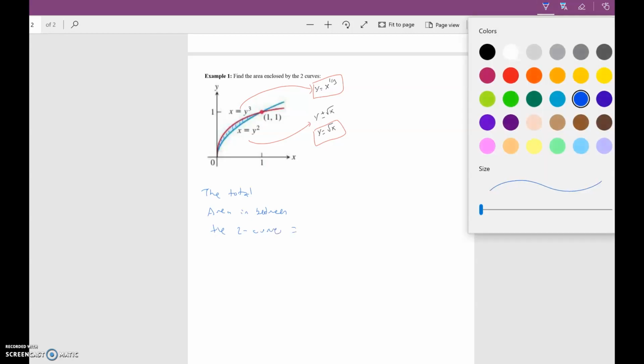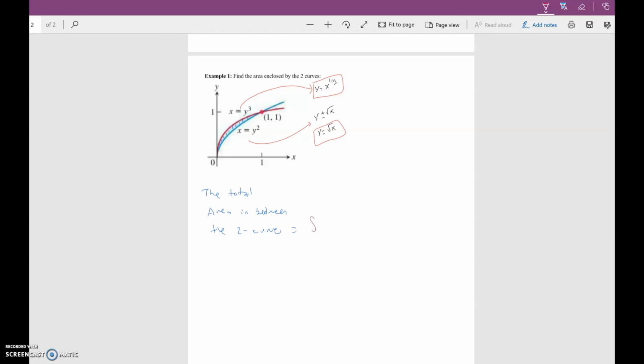We're simply going to organize the integral, and this integral goes from 0 to 1. Technically, this is your function f of x, and this will be your function g of x. So I'm just going to rewrite it as the integral of x to the 1/3 minus x to the 1/2 dx, and the region that we're interested in is from 0 to 1.